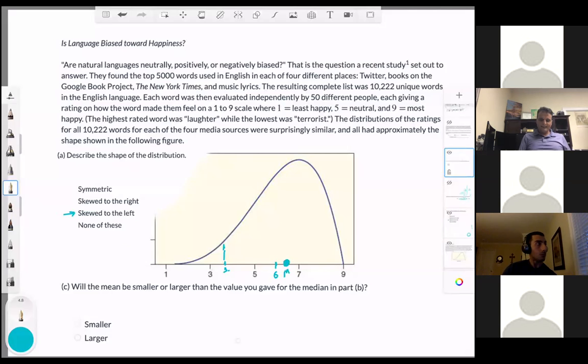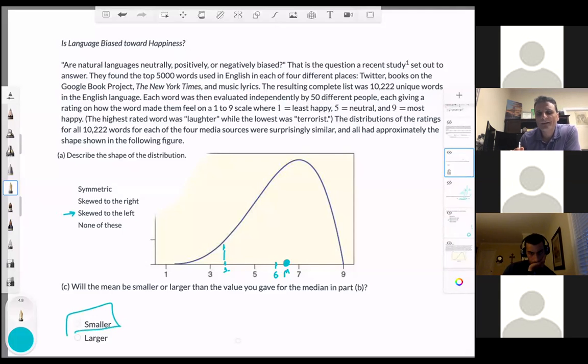Is the mean going to be over here or over there? Is it going to be more than 6.5 or less than 6.5? Catherine? Less than 6.5. Less than? Yes. That's true. It's smaller.